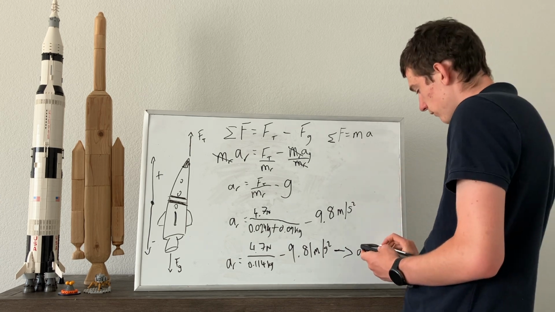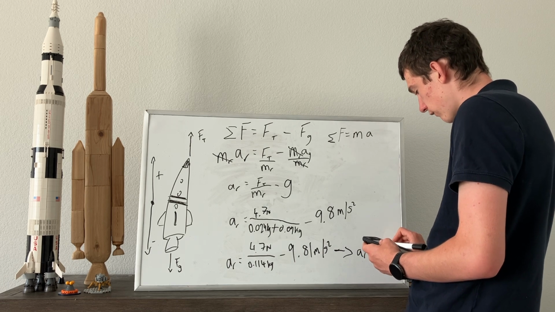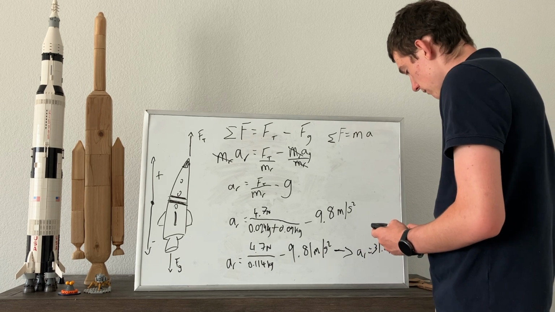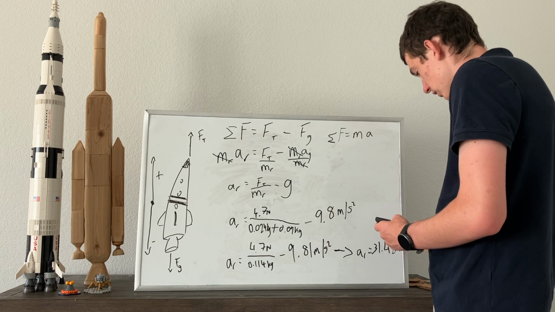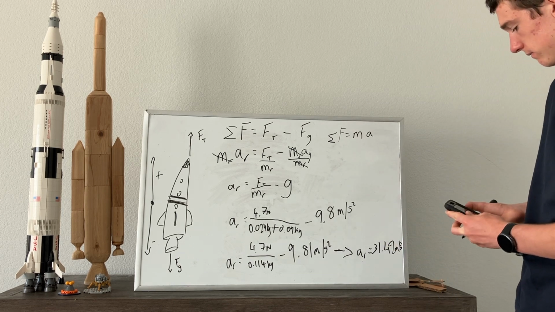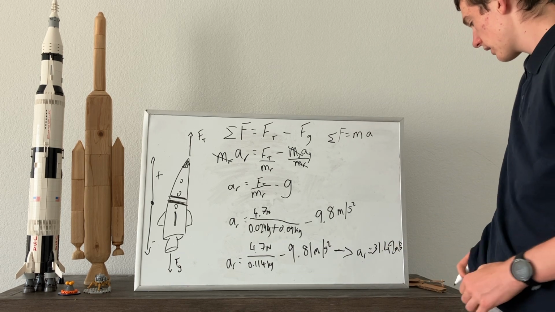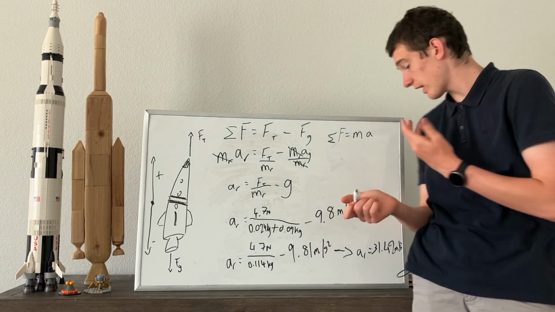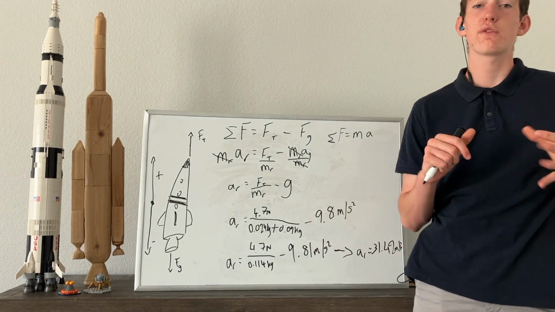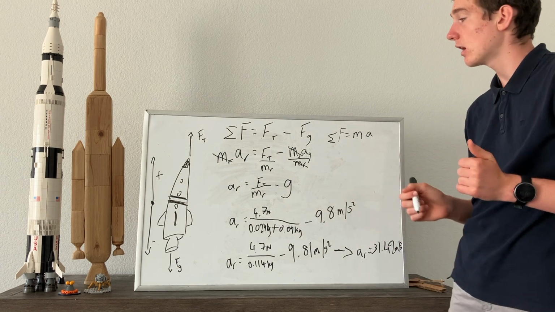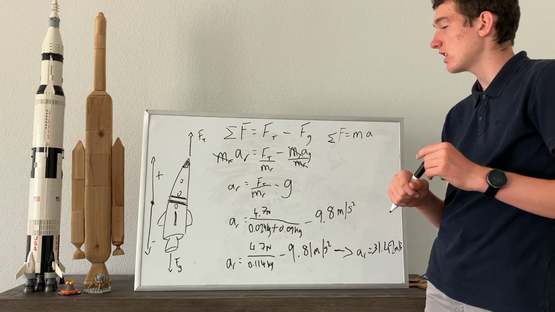Our acceleration for the rocket is 31.42 meters per second squared. That is the acceleration of the rocket, and now since we have this value, we can plug it in to find the speed of the rocket after the engine is done burning.